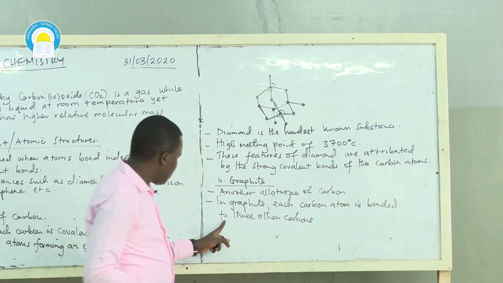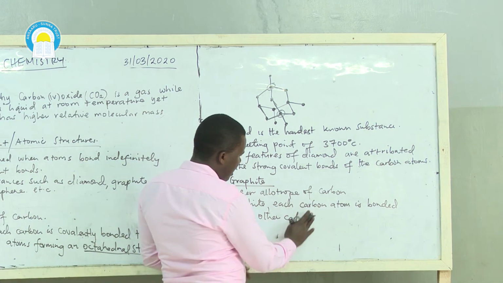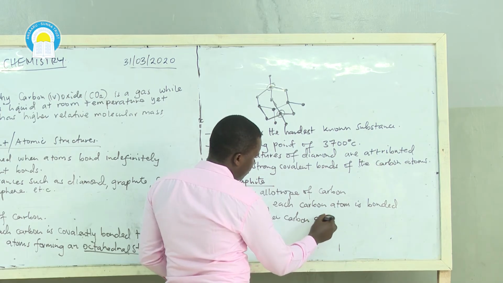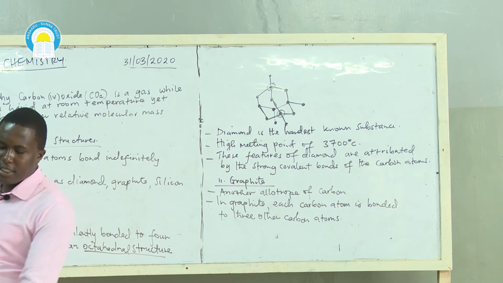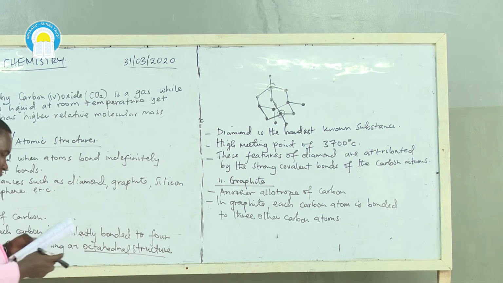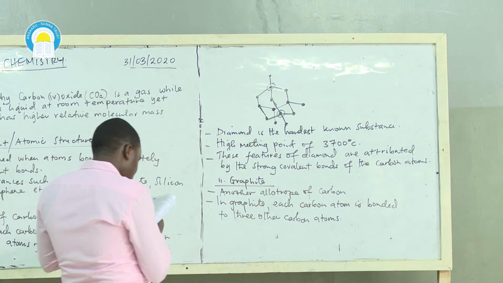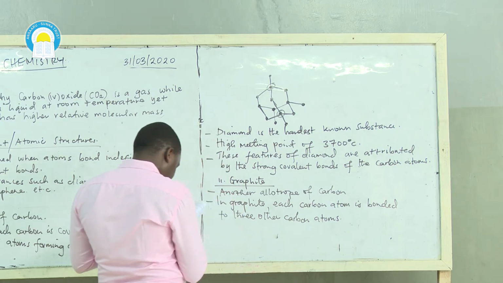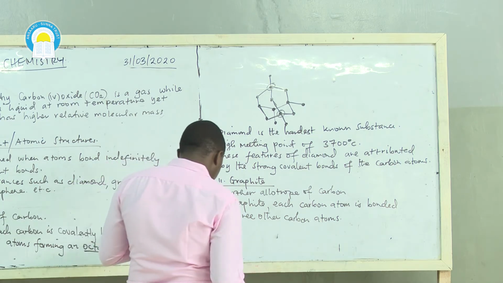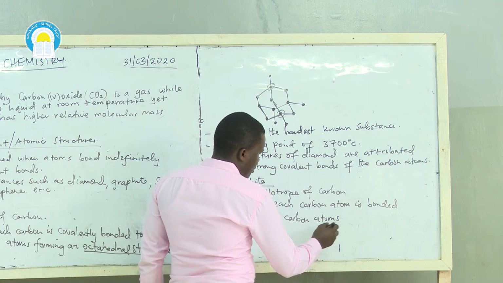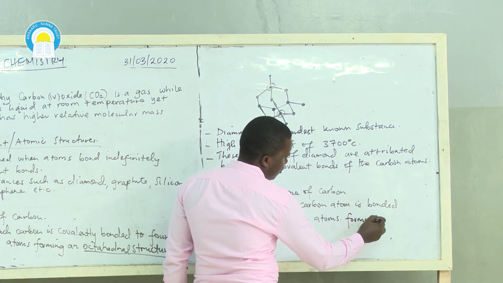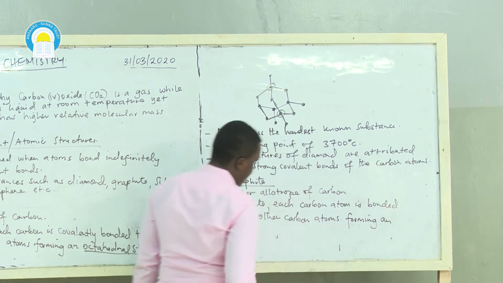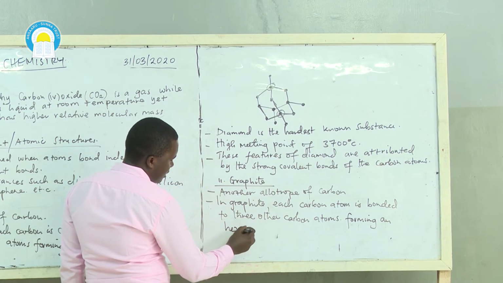And when that structure repeats itself, we'll end up forming a hexagonal structure.